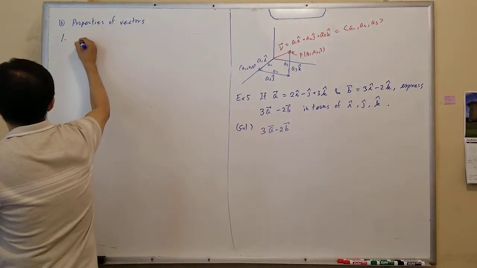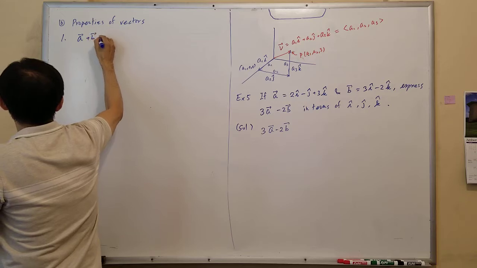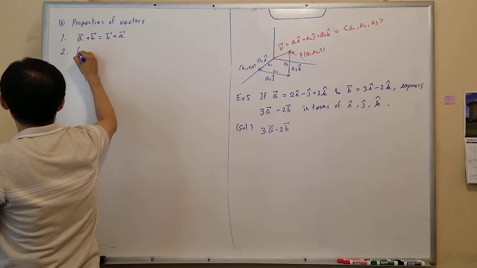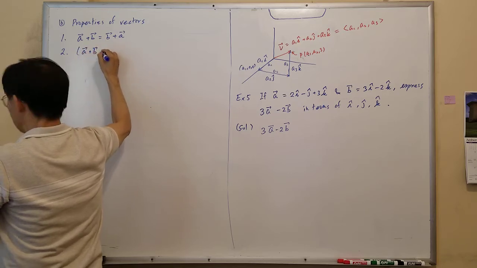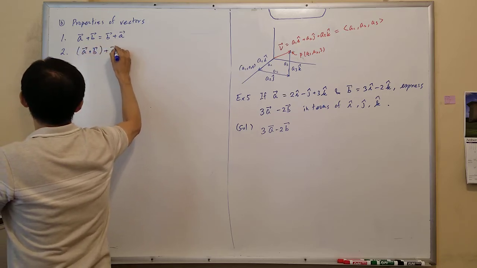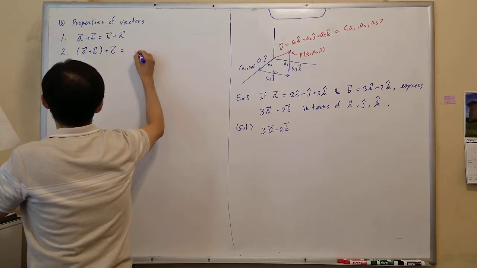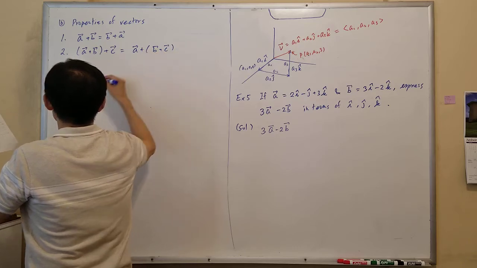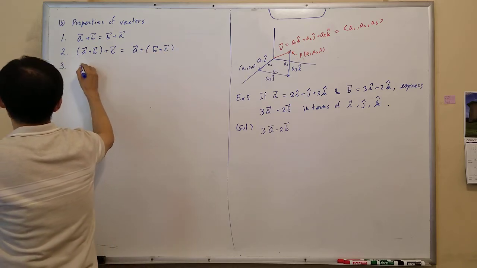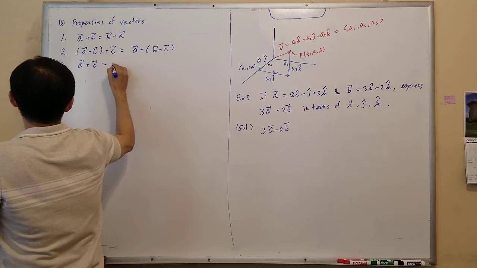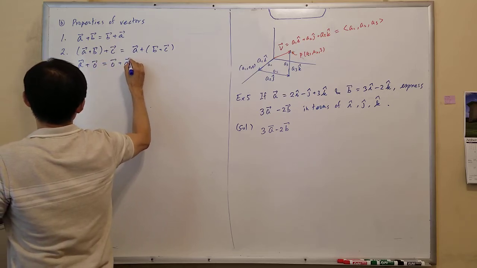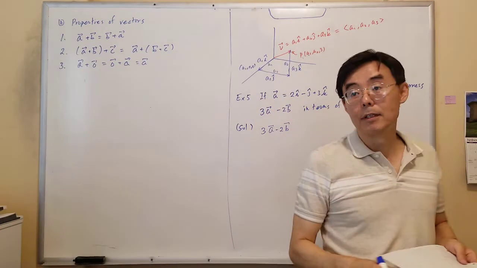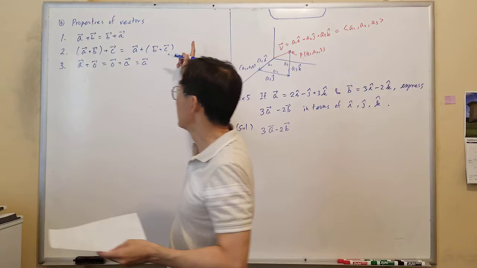First, vector A plus B equals B plus A. Second, A plus B plus C, the associative property.